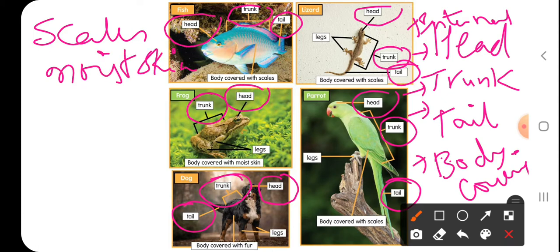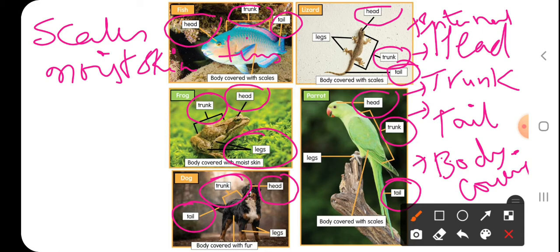And one more difference you will find from fish to frog is that fishes have fins, which are helpful for swimming. Whereas a frog doesn't have any fins. It has legs. With the help of legs, it swims when it is in water, and it can walk or jump when it is on land.